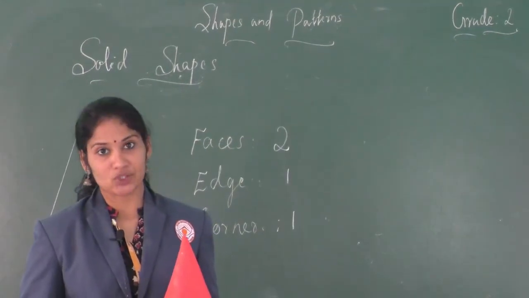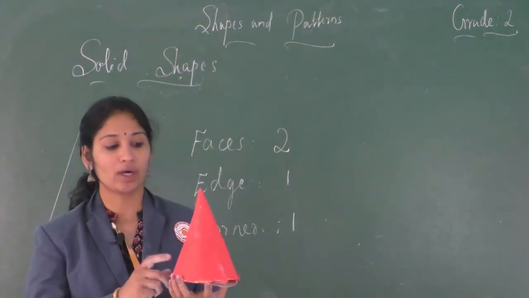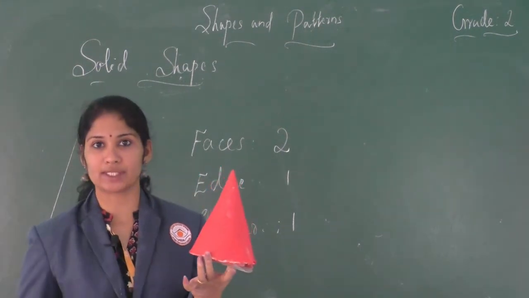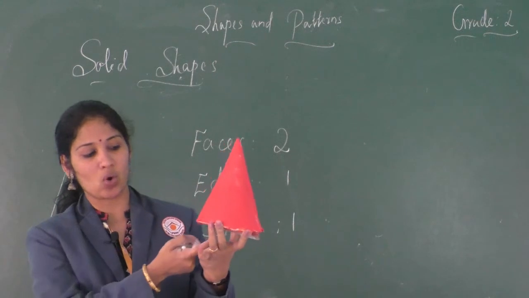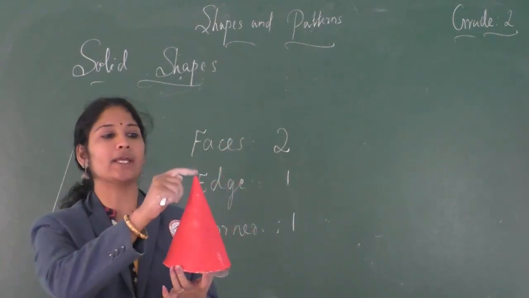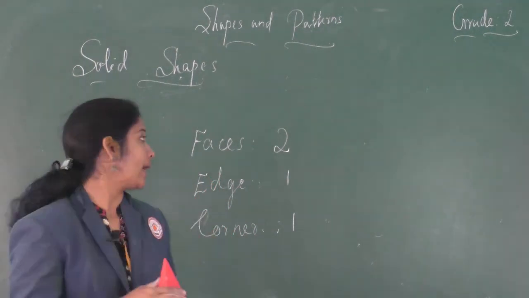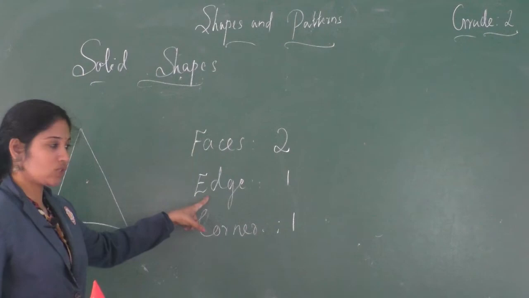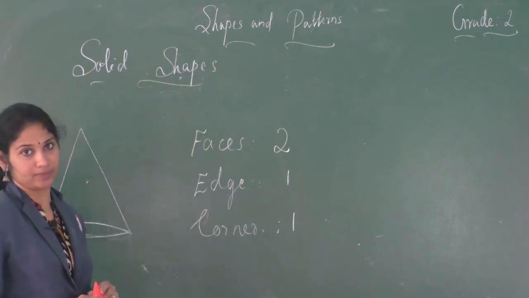Children, we'll take another shape, cone. A cone has how many faces? 1 and 2 faces. And how many edges? Only 1 edge. And how many corners? Only 1 corner. And cone has 2 faces and 1 edge and 1 corner.